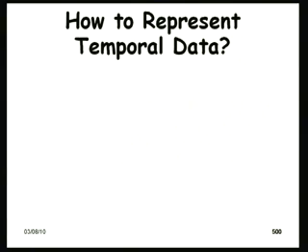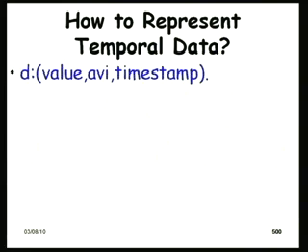The next question, having known that real-time databases need to deal with temporal data, the question will be, how do we represent a temporal data? We know that these data have an element of time associated with that, but then how do we represent the data? The way it is represented is through three components.